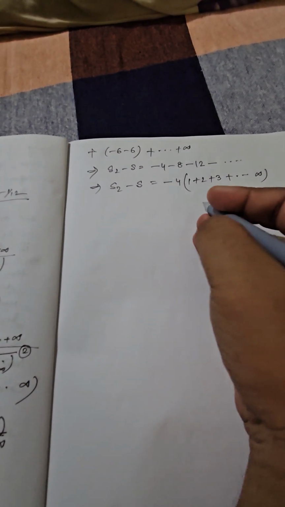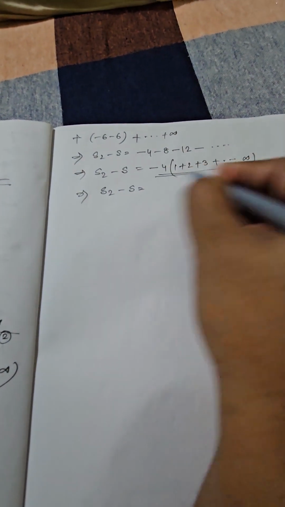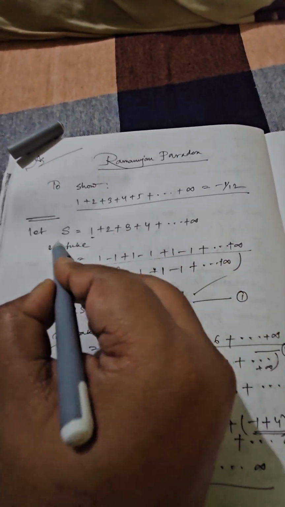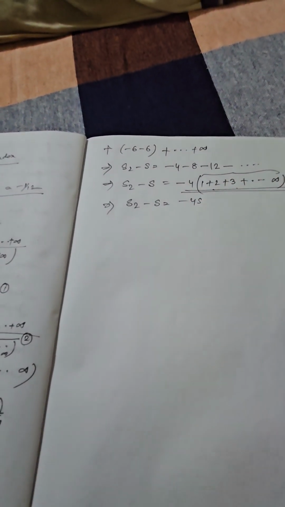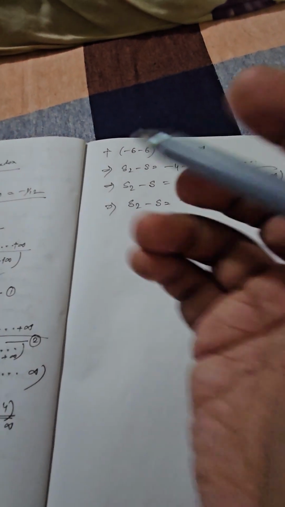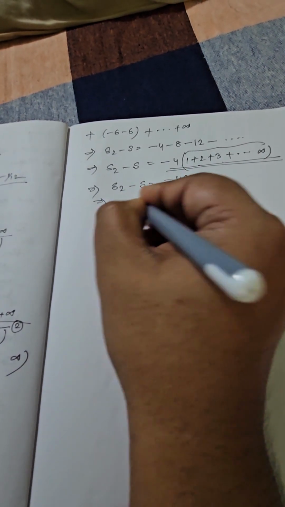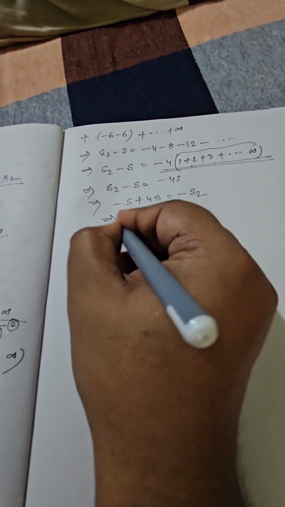But practically S2 minus S, if this is equal to this expression, remember this part is what? This part is our actual structure S, whose sum is to be determined. So actually you can write this is equal to what? Minus 4S in fact, so that we can say minus S minus 4S, that is equal to S2.